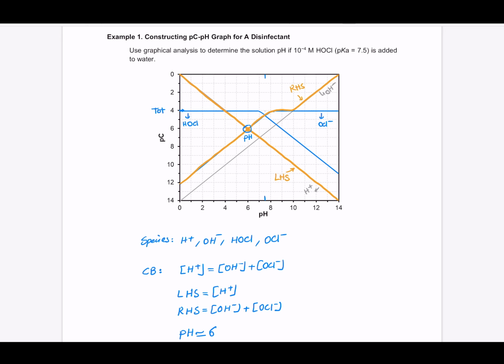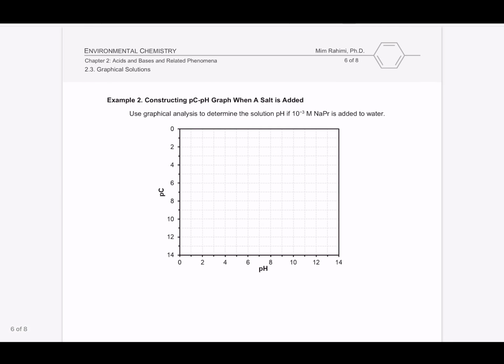But now we want to make it slightly more tricky, not much, by changing the HPr this time to NaPr, so sodium propanoate, if I'm not mistaken. We're adding it, so we're introducing another type of ion to the system.